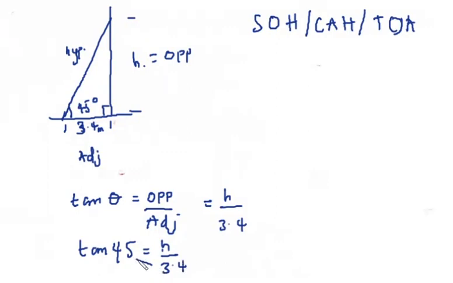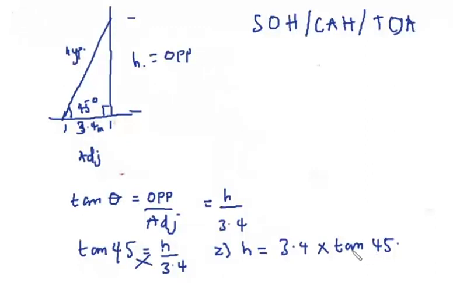If you cross multiply, you have h equal to 3.4 times tan 45. To find tan, you need to use a calculator.